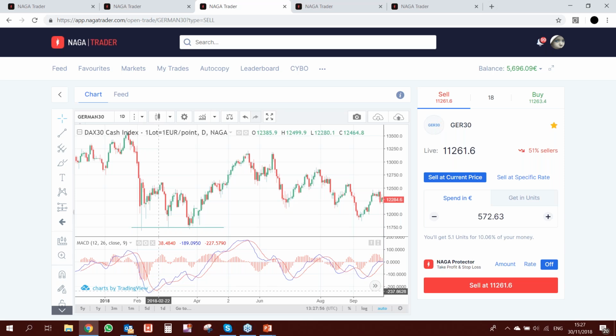So this is also a divergence. Price was retesting the same support level, but the MACD was always making higher lows instead of lower lows, or at least retesting the same area.